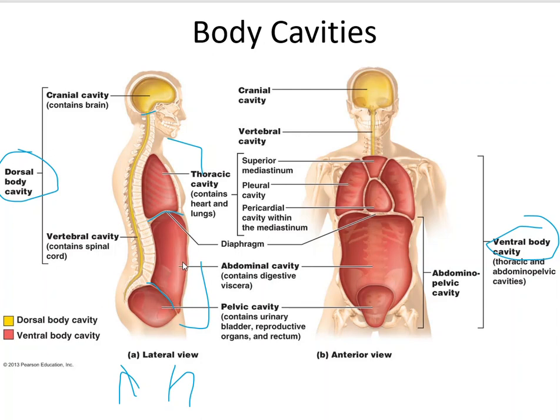So oftentimes you hear it referred to as the abdominal pelvic cavity. That's the way I would probably normally refer to it, but you do need to know that this is divided into an abdominal cavity and a pelvic cavity, but all totaled is the abdominal pelvic cavity.